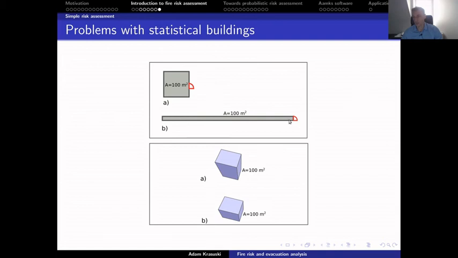Why? Because here we have exits from this building, and the distance from the most distant place in the building to the exit is much shorter than in this one. And if the evacuation time is longer and the fire development is the same, our discussed safety analysis might not be satisfied for this building in some cases and satisfied for this one.